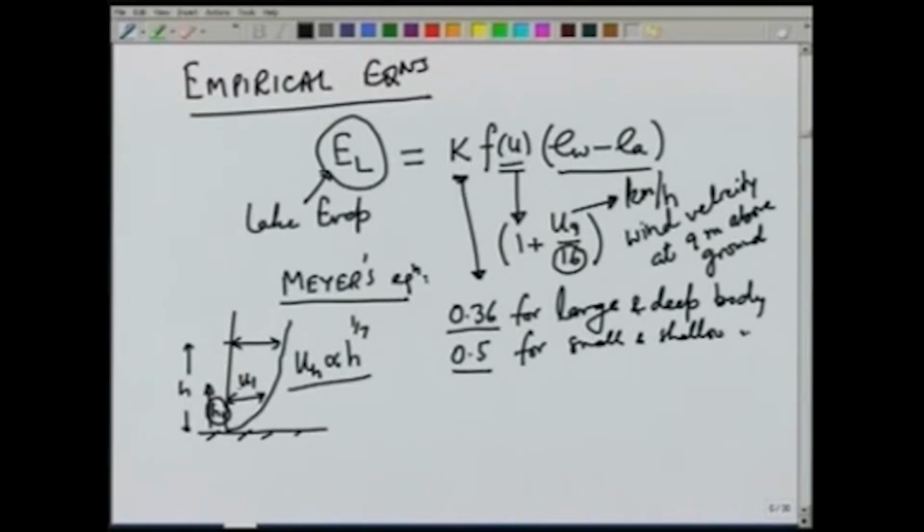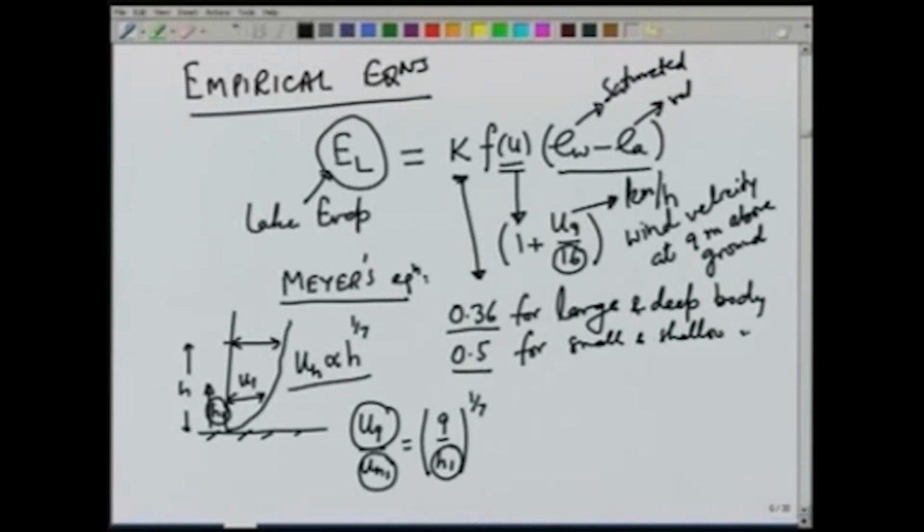So if we measure u1 at h1, we can always convert it to u9 by, u9 over uh1 would be equal to 9 over h1 to the power 1/7. So by measuring uh1 and h1, we can obtain u9 from this equation and use that in Meyer's equation.